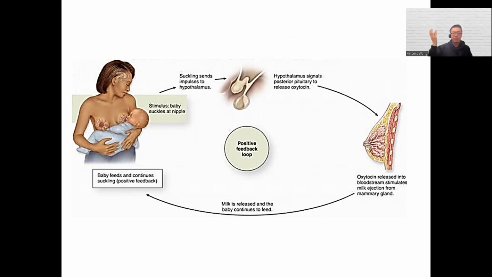There are other pathways. Sometimes, if you hear your own baby cry, your body associates that with it being time to feed the baby, and that could also trigger a little bit of a release of the oxytocin, and then the milk might also come out. So there are other sensory triggers for the release of the oxytocin, not just physically suckling from the baby.